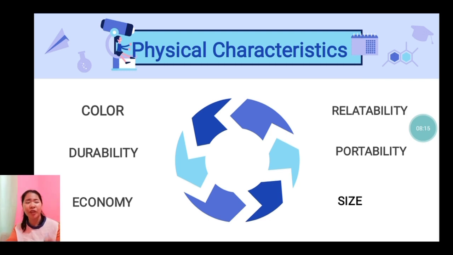For example, imagine you teach on the 4th floor, and your instructional materials are very heavy and big, so it is not convenient for you. So we have 6 physical characteristics, and I hope you understand better. So let's proceed to the next topic.